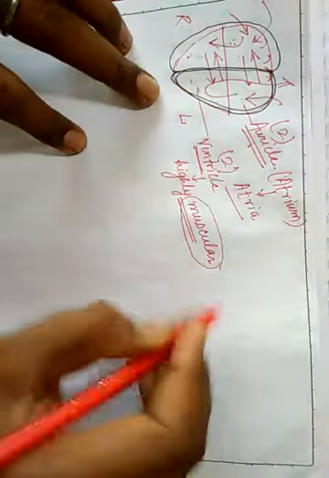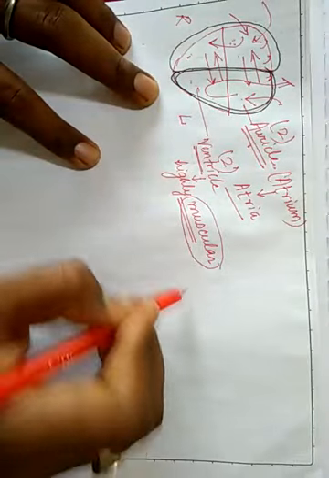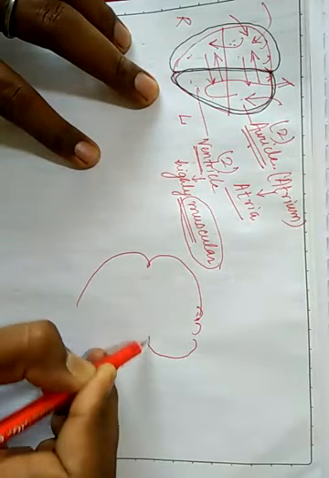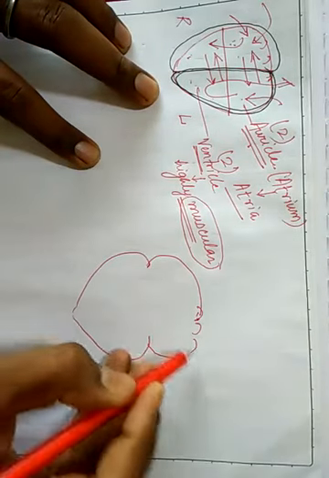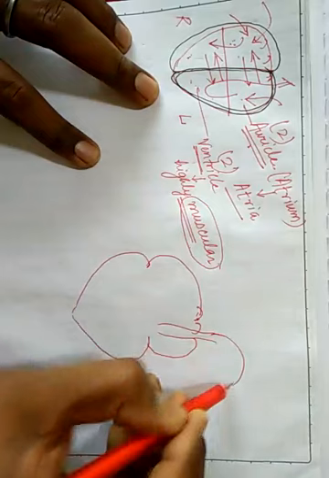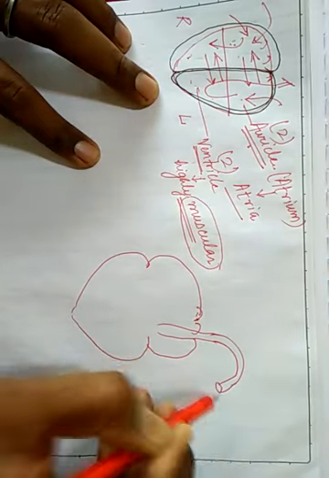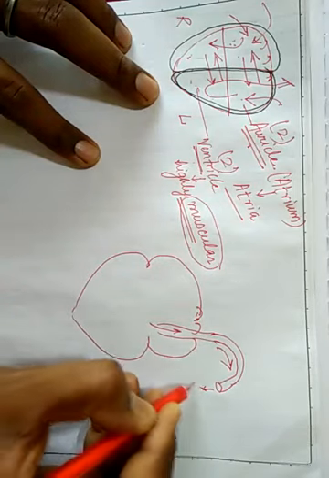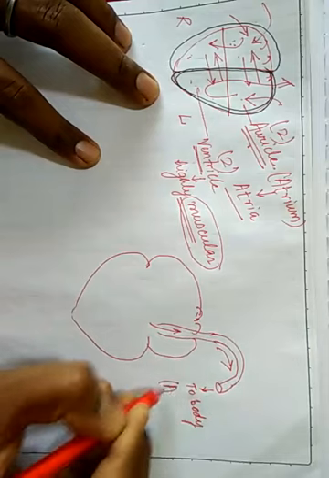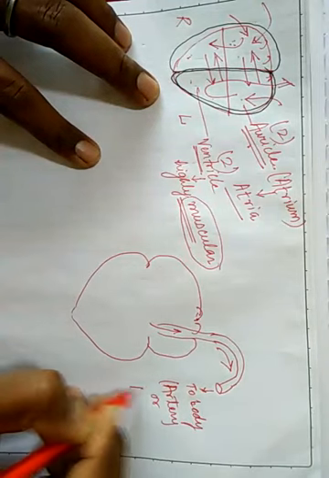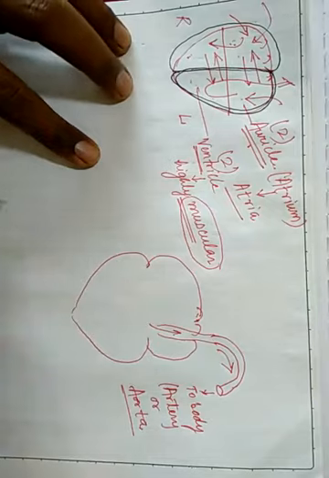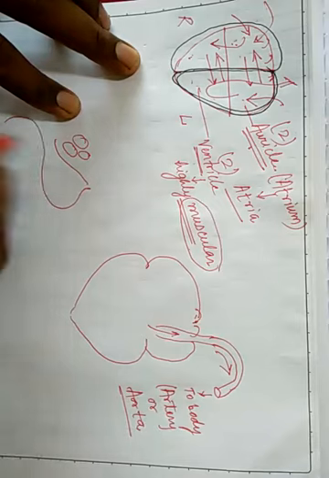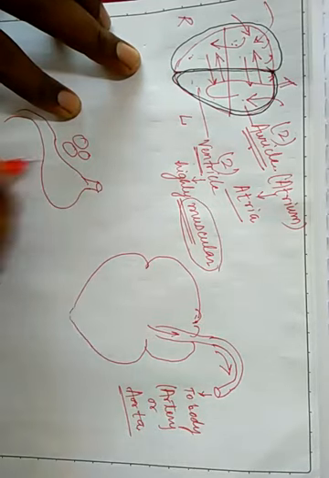Anyway, next, the fundamental thing I want to show you. Suppose this is the heart, and a blood vessel is coming out of this heart. If any blood vessel is going from the heart to the body, we call it an artery or aorta. Okay? Suppose this is a body part, most common, stomach.